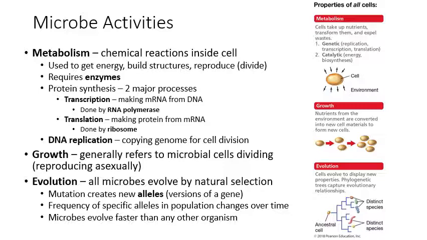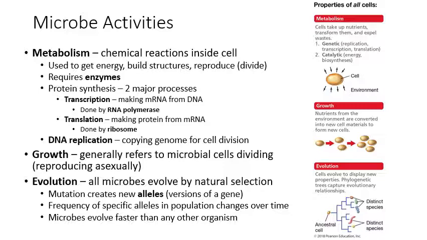One major part of metabolism is protein synthesis, the process by which the genome is used to make all the proteins in the cell. You have two major processes within protein synthesis, which we'll go into in more detail in a later chapter, and which you probably also remember from general biology. Those are transcription and translation.